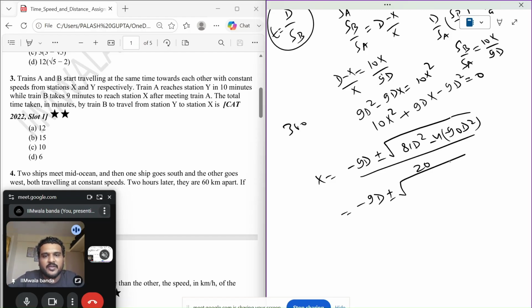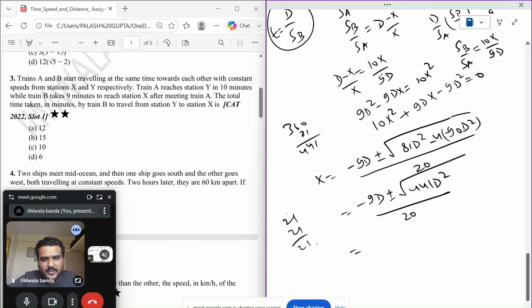Square of 9D is 81, 360 and 81, 441. 441 we know is a perfect square. So we're getting somewhere. What is 441? 20 square is 400. So basically 21 square is 441, right? You remember, it's great. Otherwise, doesn't matter. Just quickly calculate.